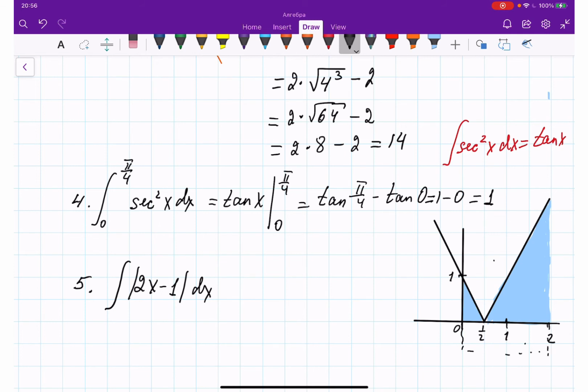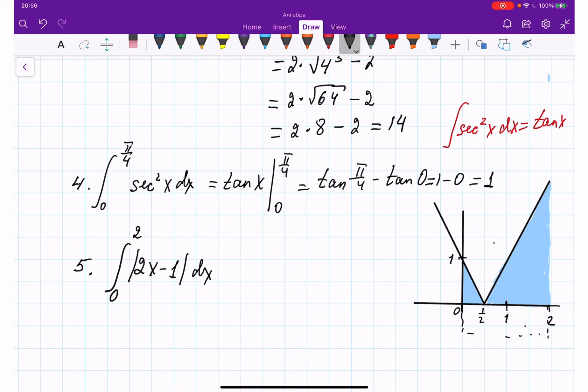Shaded area. Therefore, the low boundary is going to be 0. The higher boundary is going to be 2. And since we have absolute value, that's why we have no graph in the negative area of y, and both graphs are in the positive area of y.